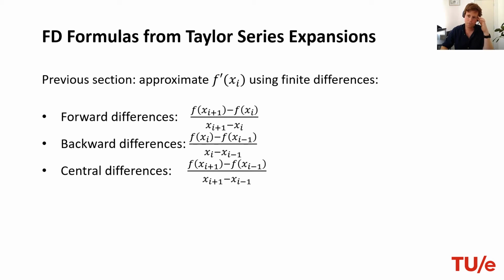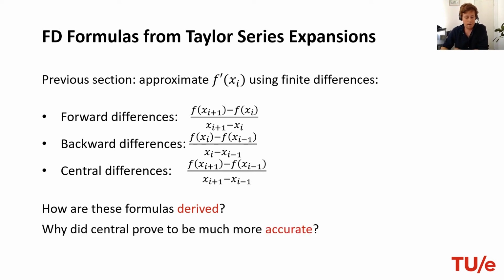But some questions pop up when looking at these formulas. How can formulas like these be actually derived from a mathematical perspective rather than an intuitive angle? Why did the central difference approximation prove to be much more accurate than either the forward or the backward differences for the first derivative?